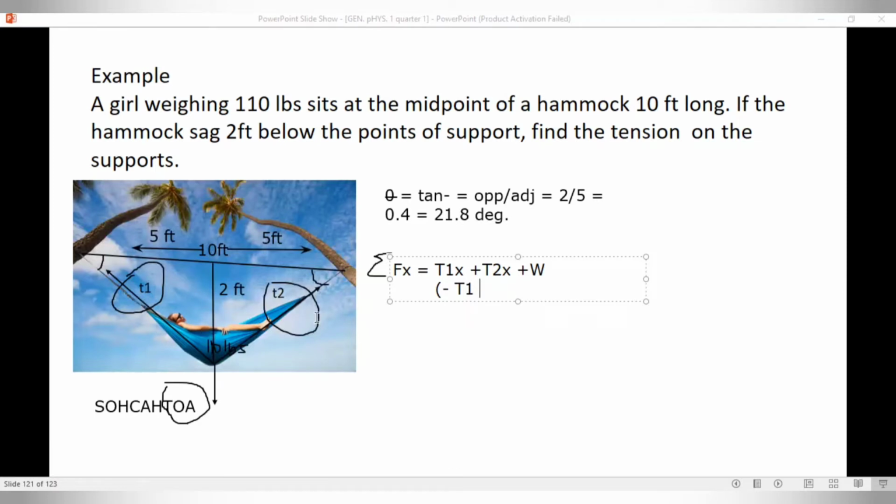Okay? So tension 1 is equal to cosine 21.8, yung nakuha po nating angle, degrees, plus yung tension 2, cosine pa rin, kasi parehas sila ng position, cosine 21.8.